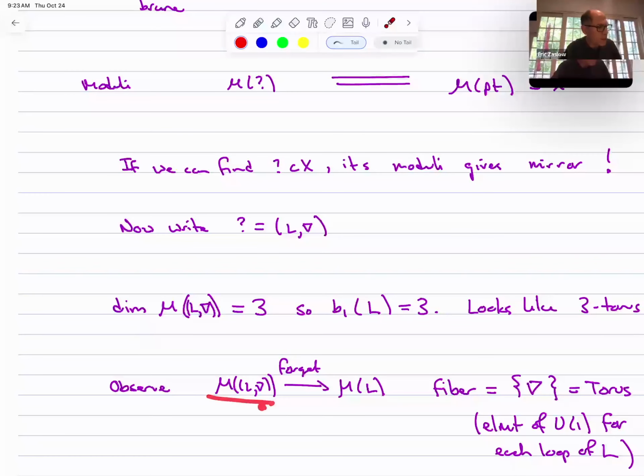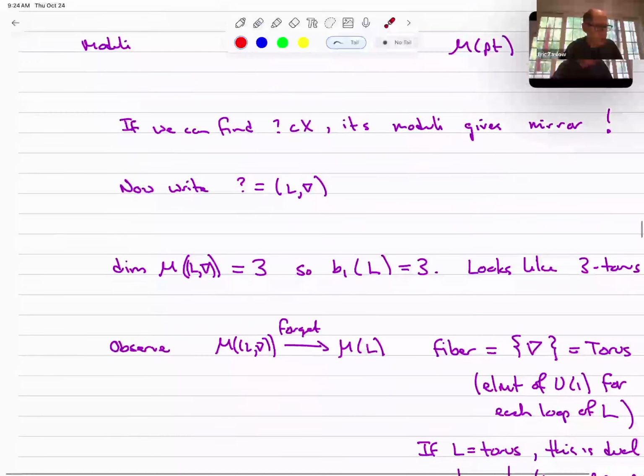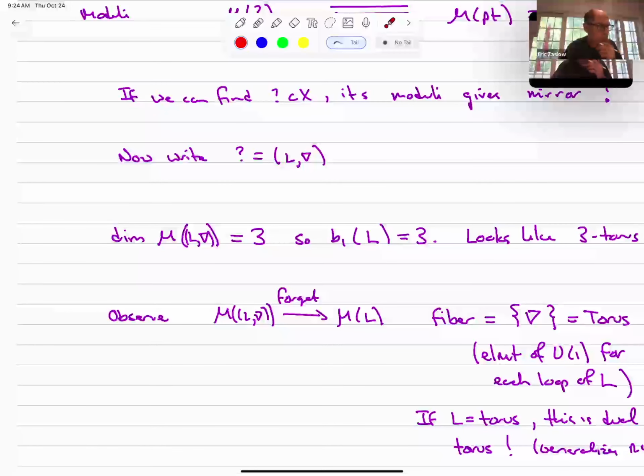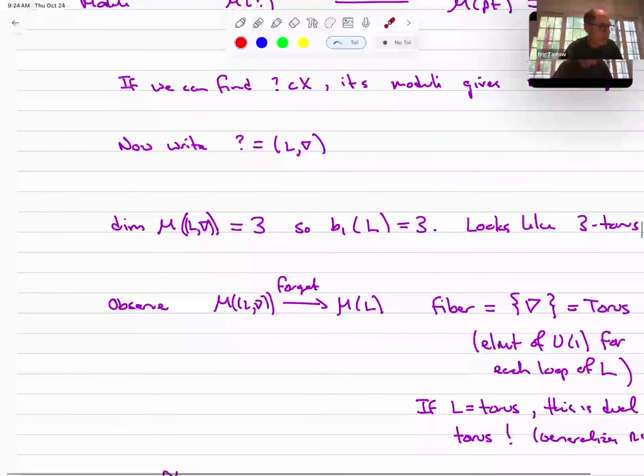So that means that the moduli space of this thing has the structure of a 3 torus fibration over some geometric space. If this was a torus already, then this space of possible fibers is the dual torus.